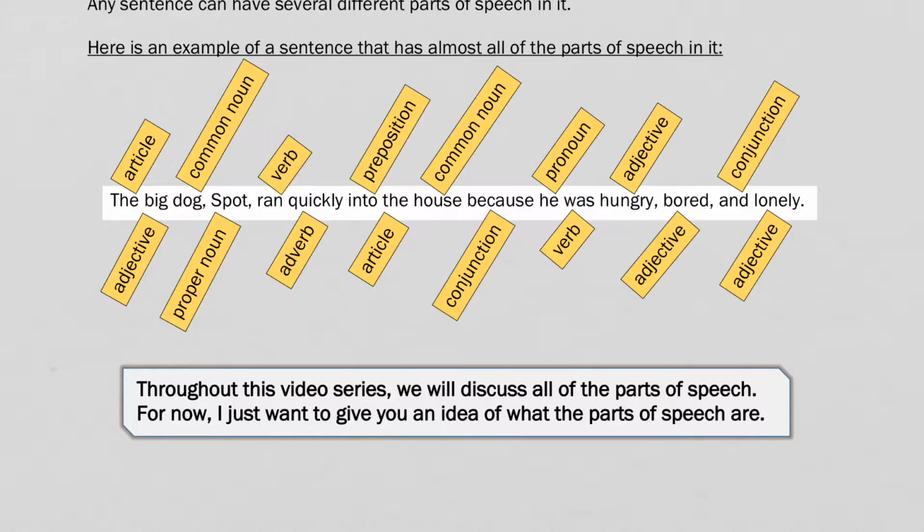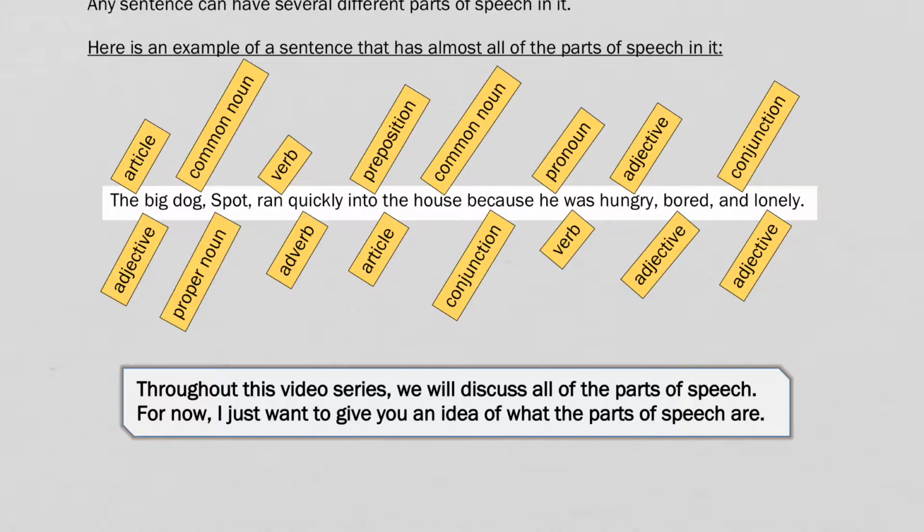If someone was asking you, why did he run quickly into the house, right? And what I love about this example is I've put the word because in the middle of the sentence. And that is the best way to use because. You want to make sure that you have a full thought. And the best way to do that is to put because in the middle of the sentence. And then you don't have to worry about finishing what you started saying. Right? So because is a conjunction.